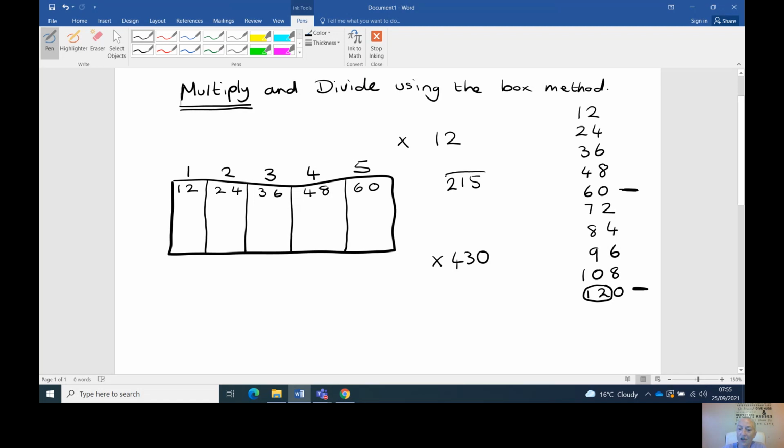So you could kind of check your working out. Remember the percentages. If 10 is 430, 5 must be 215. Okay, right, that's just a quick explanation there, so we'll get rid of that.